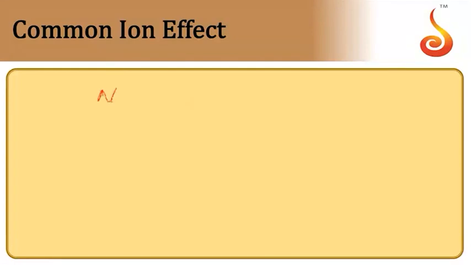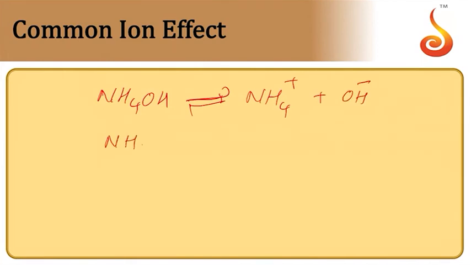If we take one more example, ammonium hydroxide, a weaker electrolyte, it forms ammonium ions plus OH minus ions. Add a common ion containing substance like ammonium chloride, giving rise to ammonium ions plus Cl minus ions.